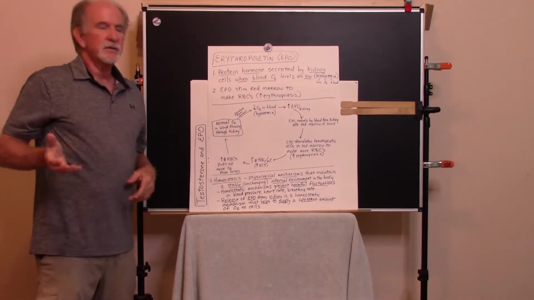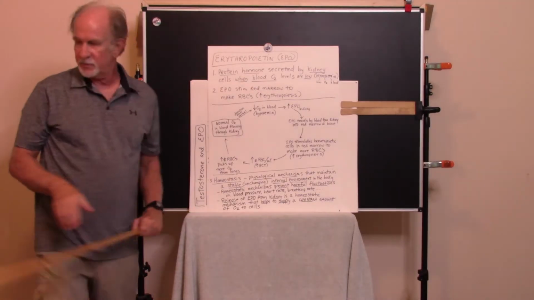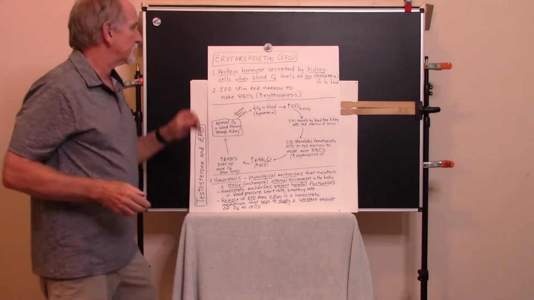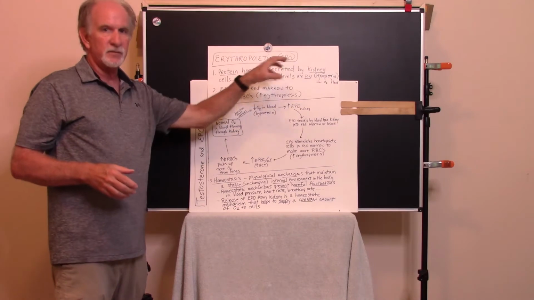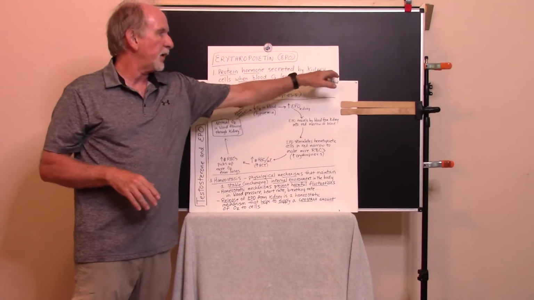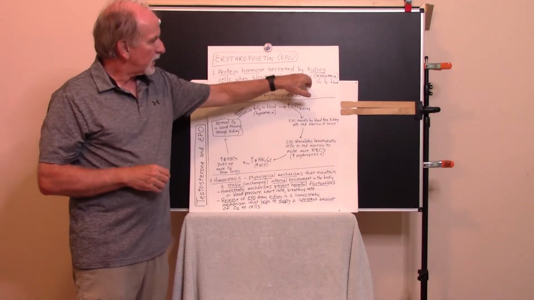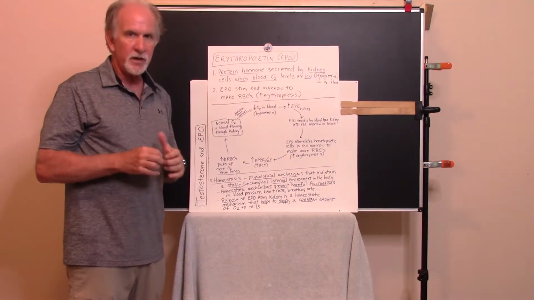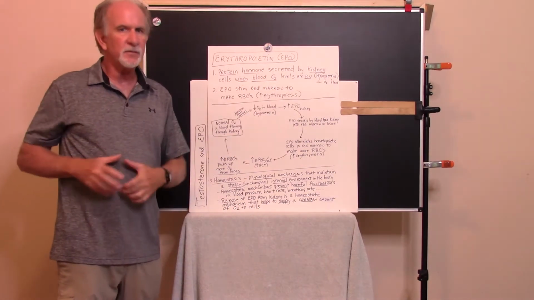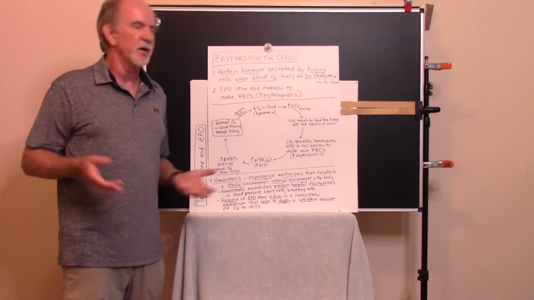So I wanted to mention a protein hormone that's secreted by kidney cells when the oxygen levels in blood fall too low. This is a condition known as hypoxemia. So hypo means low, OX for oxygen, and emia refers to some condition associated with the blood.